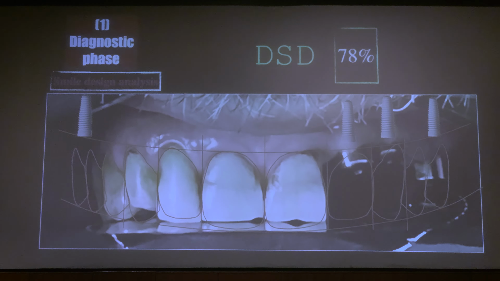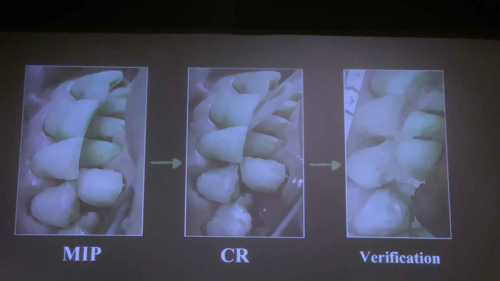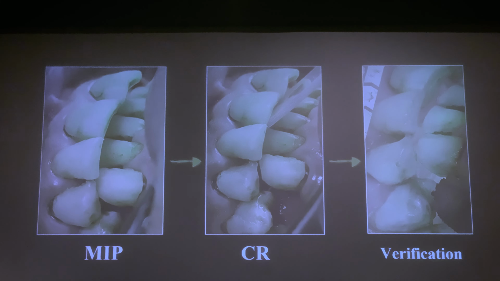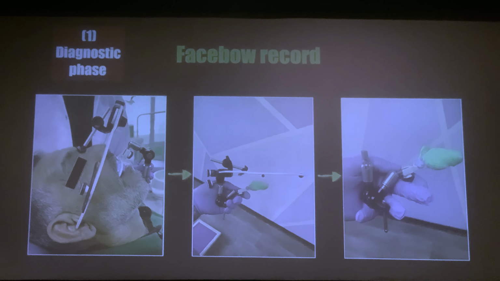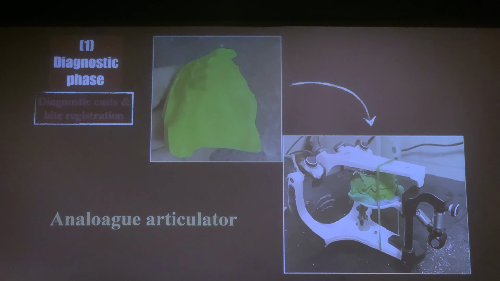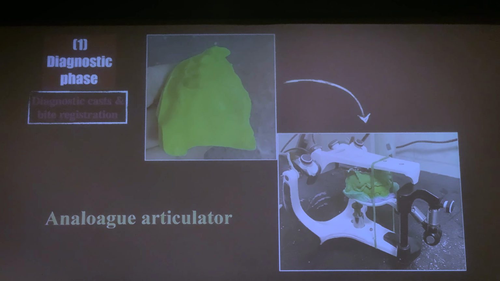This slide shows the patient at maximum intercuspation. After putting just a little amount of leaf gauge, there's just a little light disocclusion, and this is the verification for the digital scan. Taking a facebow record, mounting the upper cast to the analog articulator, then changing to a digital articulator.